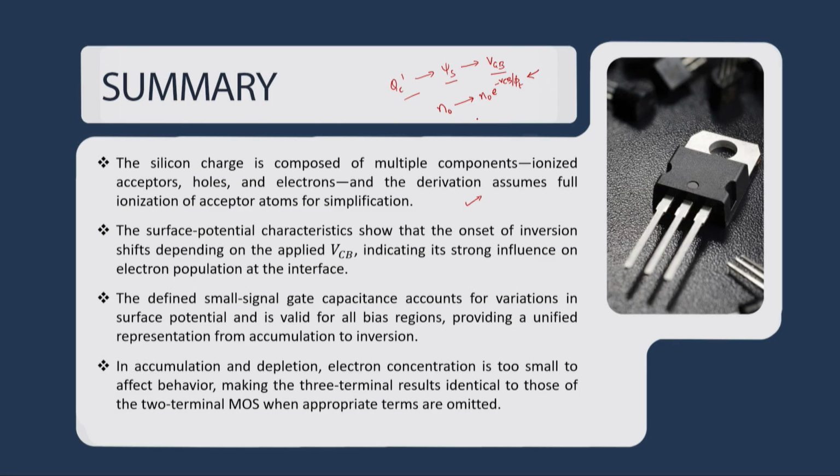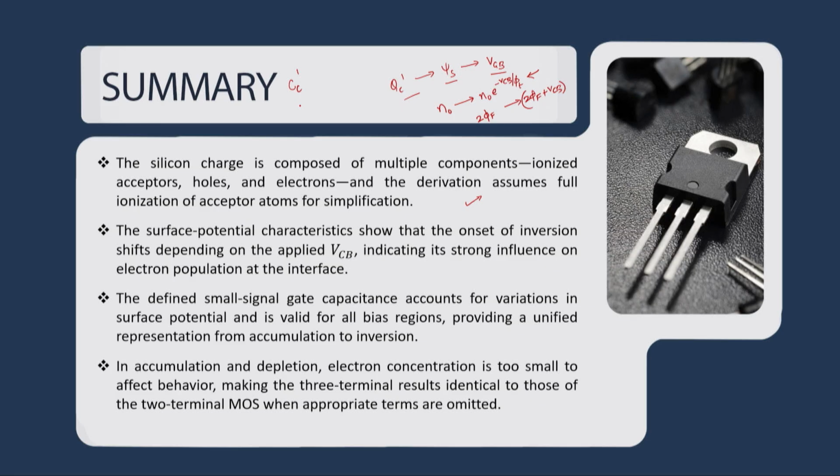Instead, you can also replace 2 phi f by 2 phi f plus VCB when you are talking about the strong inversion case. We have also seen that the capacitance and the surface potential are all affected by VCB when electrons come into the picture, or when you are talking about the strong inversion case.